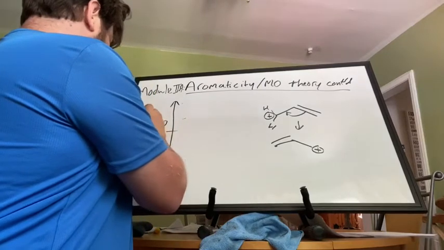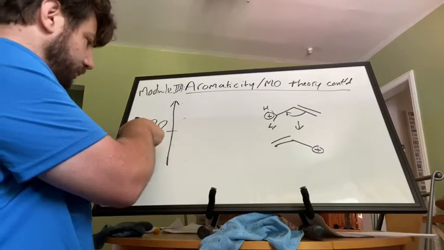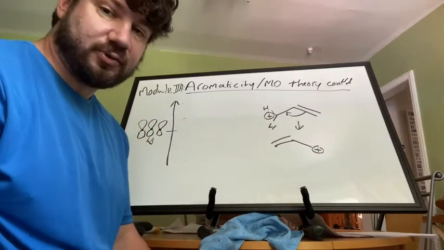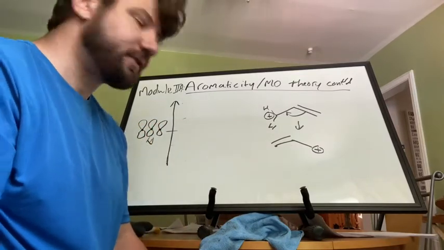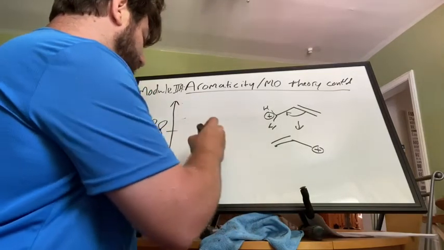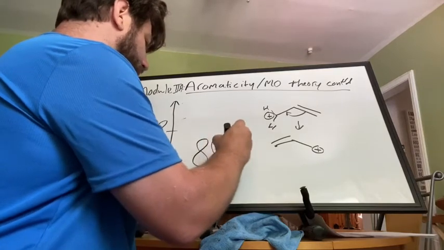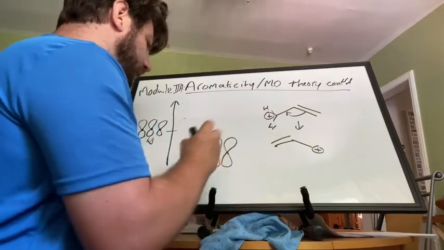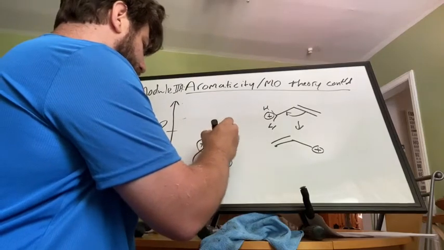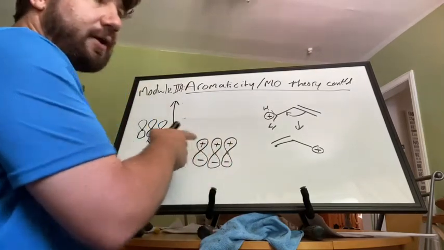And then right there, centered in the middle of each one of those lobes, is the actual nucleus itself, the carbon nucleus. At lower energy, everything is going to be in agreement, like how I described in chapter 3.